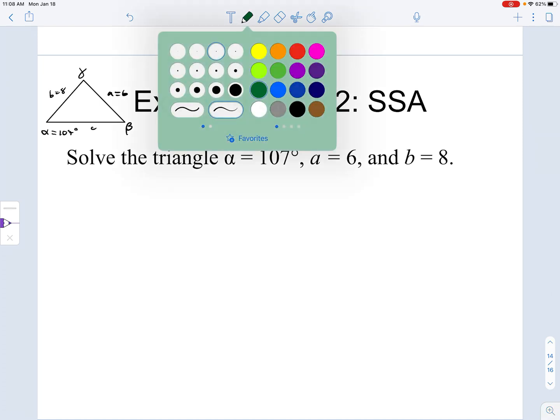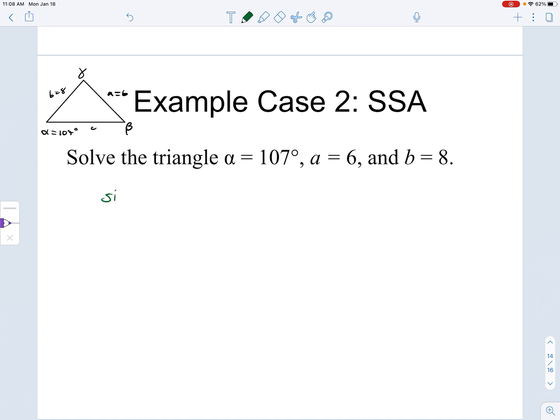Okay, so we would need to try and solve for angle beta here first. So we would have sine of beta over 8 equals sine of 107 degrees over 6.